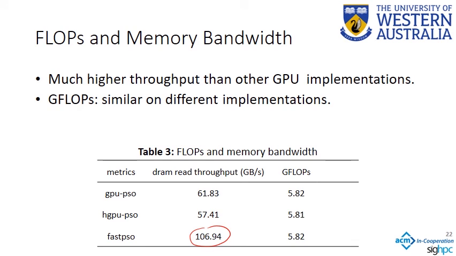In terms of total number of GFLOPs, different algorithms have very similar GFLOPs. That's because we don't change the algorithm itself, but try to use GPU resources more efficiently. So the main part is we increase the bandwidth.